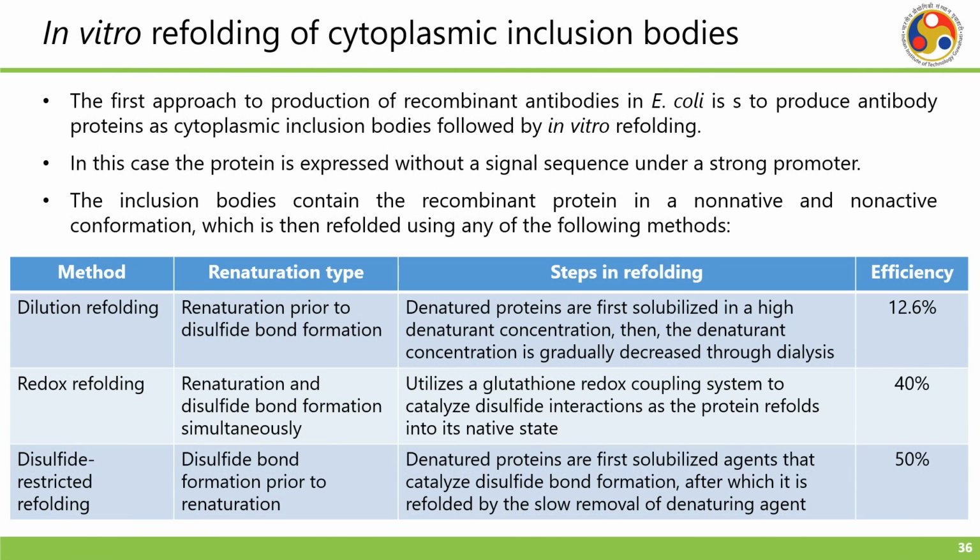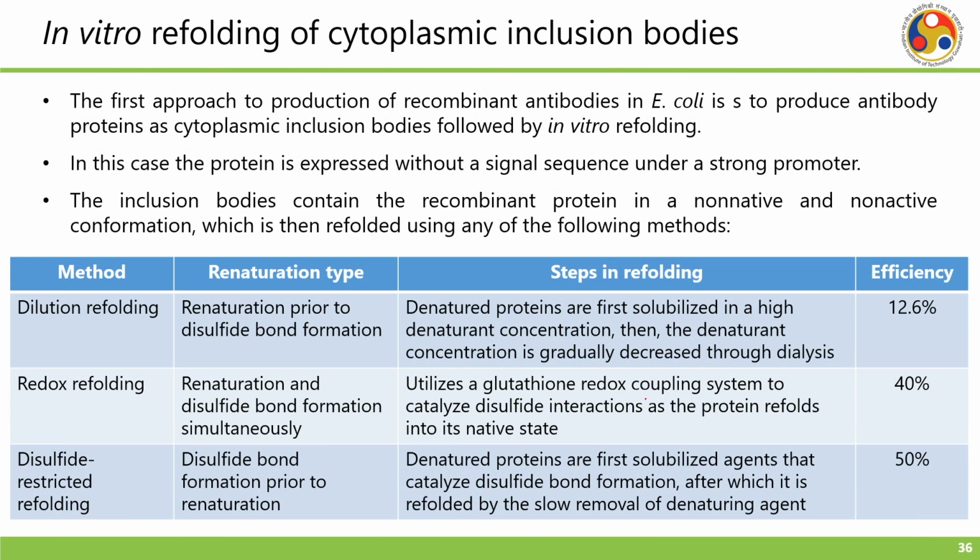So, from the point of view of refolding type, in dilution refolding, refolding prior to disulfide bond formation takes place, and the various steps involved here are: denatured proteins are first solubilized in a high denaturant concentration, then the denaturant concentration is gradually decreased by dialysis. Then we have the redox refolding, where refolding and disulfide bond formation happen simultaneously.